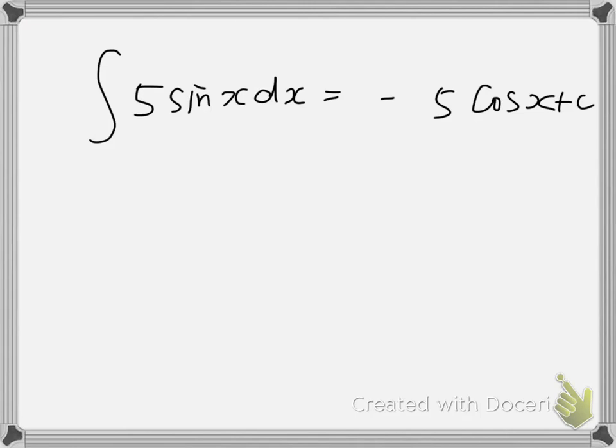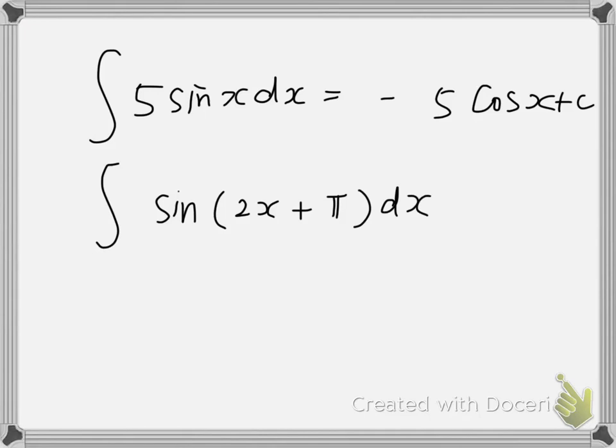So it's only multiple angles. For example, integrate, let's say, sine 2x plus pi. How do you integrate this? Remember, it is a sine function. So you integrate a sine function, you get a cosine function.